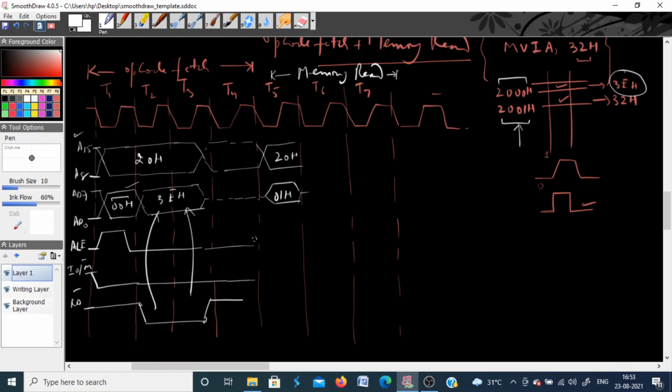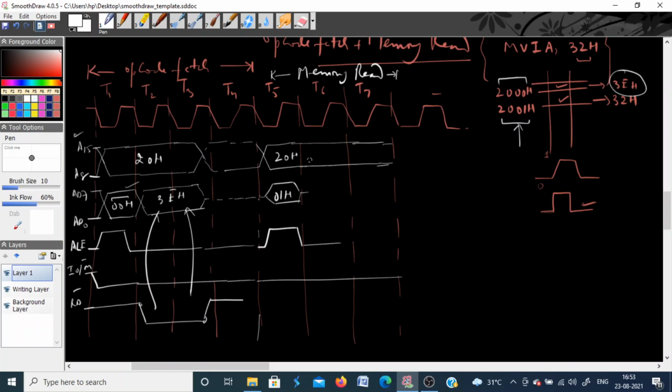And this ALE will be again activated. It will again go from 0 to 1 during the T5 clock cycle, and this IO/M, of course, will remain at logic 0 because it is again a memory read operation. And this read signal will be activated now in the T6 state, because during the T5 clock period the processor is again busy latching the lower 8-bit address. The higher-order address will remain on for the entire time period, for all 3 cycles.